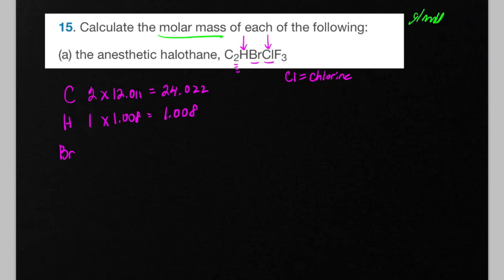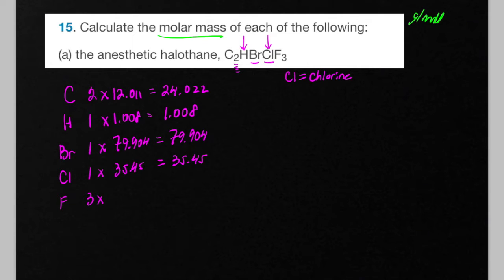The next element is bromine. Bromine is element number 35. It's in the halogens, and it has an average atomic mass of 79.904. Next is chlorine. Okay, and the last is fluorine. So we have 3 of those fluorines. Fluorine is, again, in the halogens. It has 18.998 as the listed atomic mass.